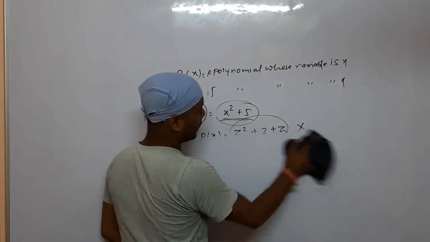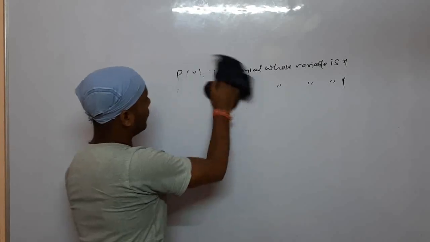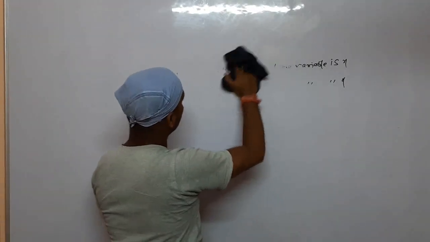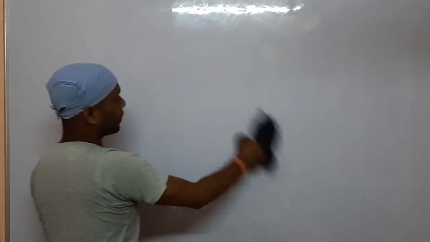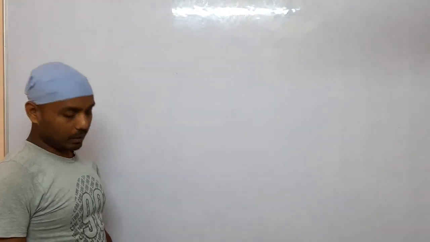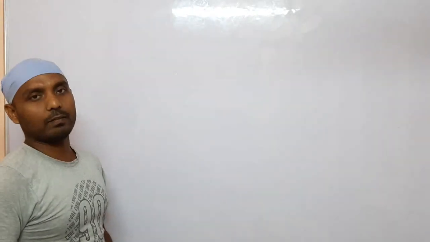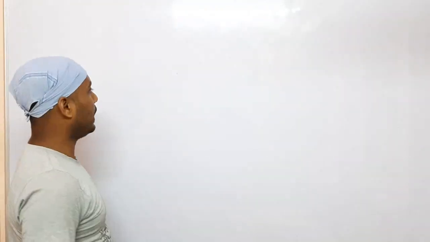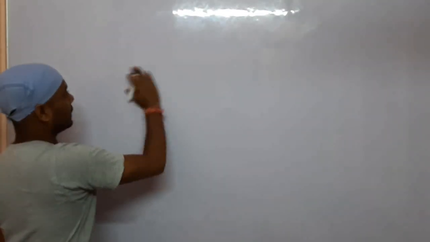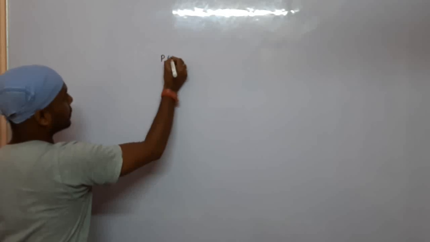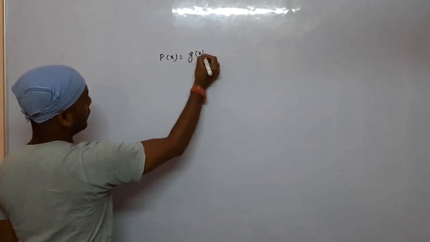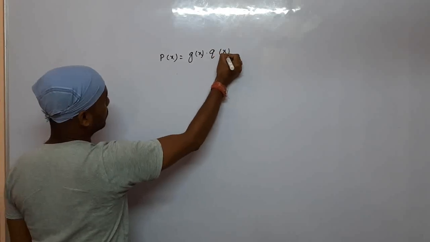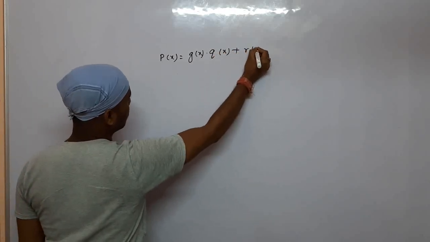Now, let's come to the next topic: the division algorithm of polynomials. In the polynomial, you will see the division algorithm written like this: p(x) equal to g(x) into q(x) plus r(x).